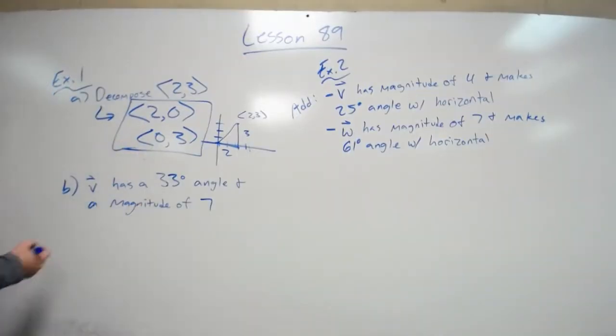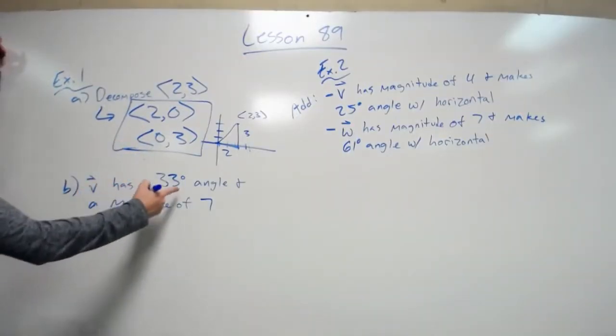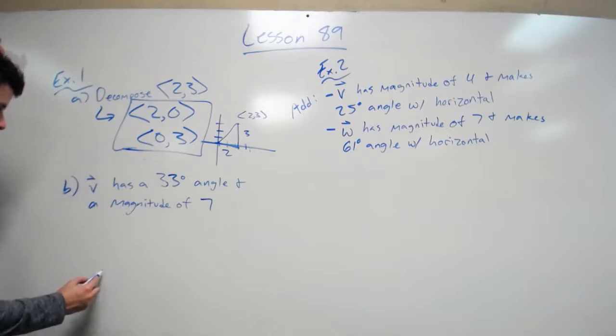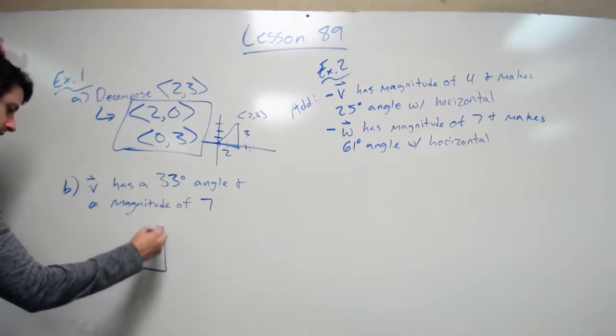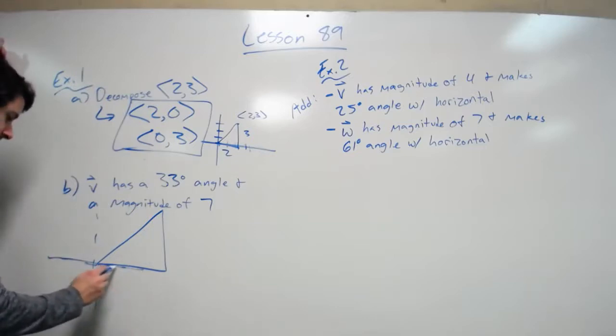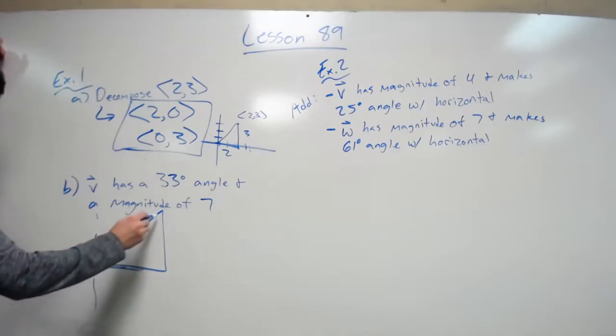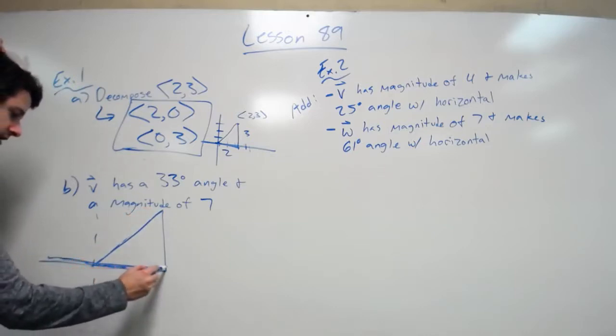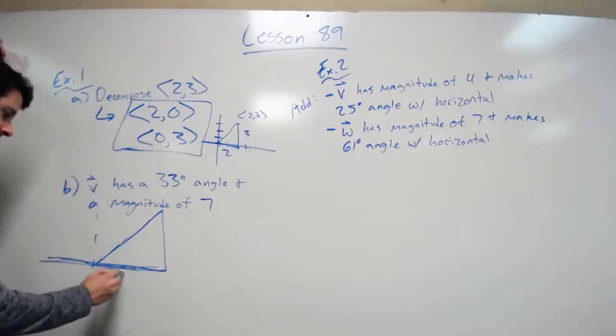Now looking at B, this one says this has a 33-degree angle and a magnitude of 7. Once again, we are always talking about a triangle here. So I'm going to draw my triangle. I always want to imagine connecting the triangle with the horizontal line. I want the hypotenuse to go to the origin, and then to the horizontal line, or the x-axis.